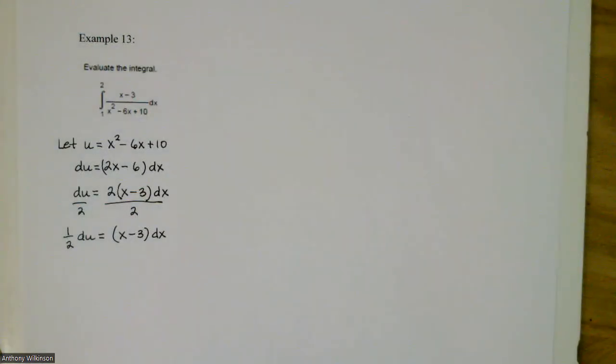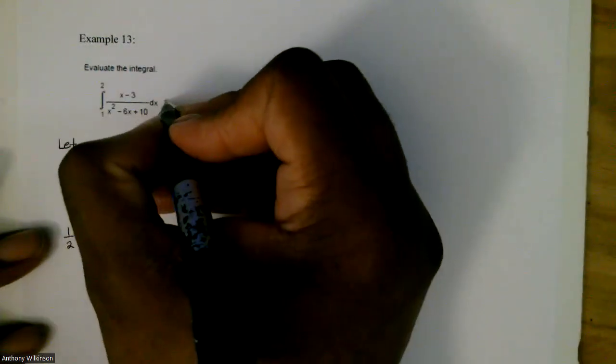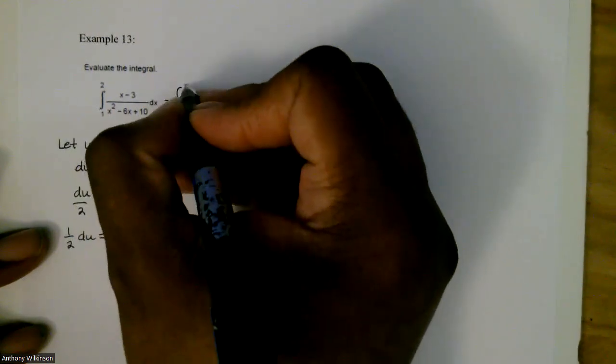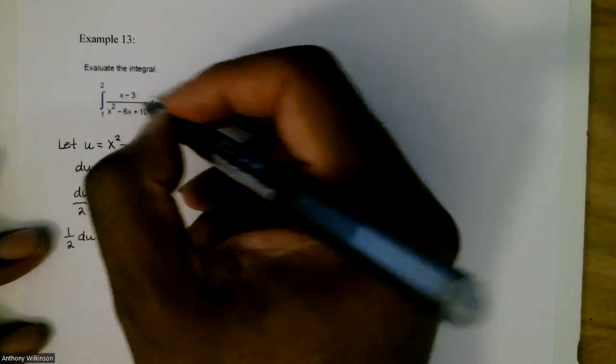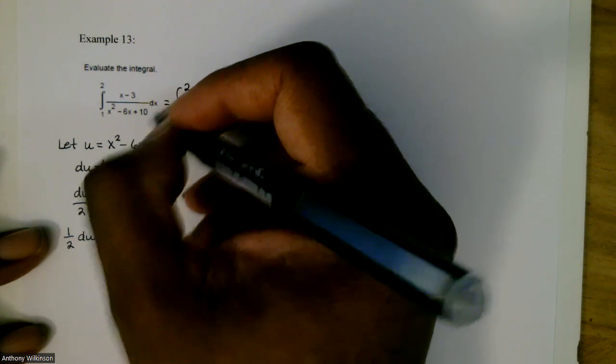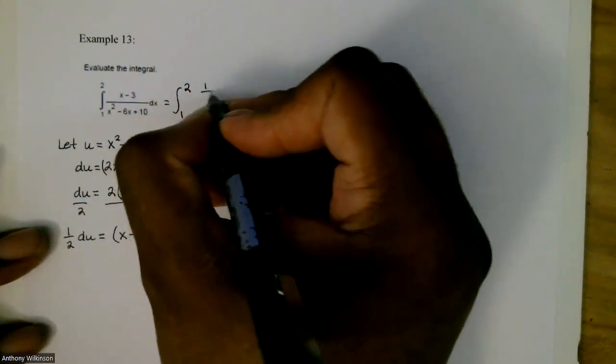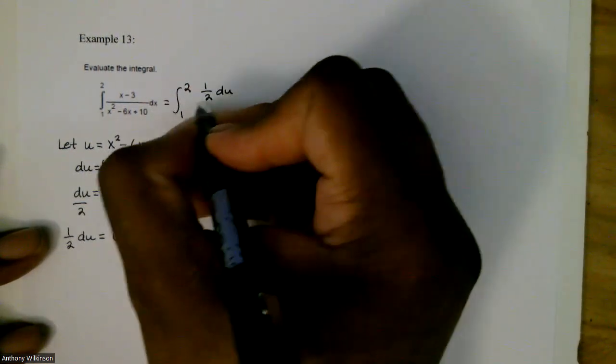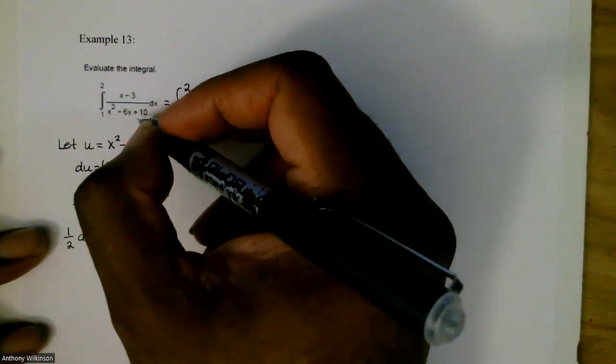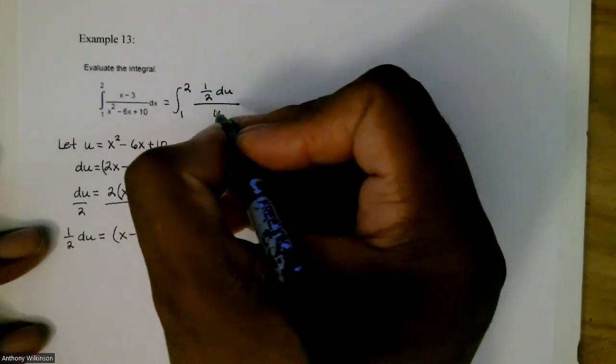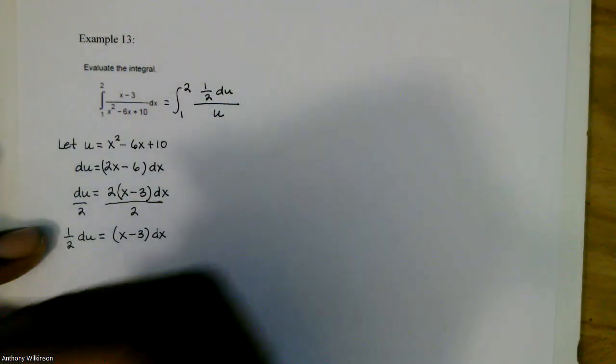I'm not going to change these x limits to u limits. I'm just going to do the direct substitution. So here, this will be the integral from 1 to 2 of x minus 3 dx is 1/2 du. So I'm substituting that. That'd be divided by x squared minus 6x plus 10. That's what u is. So the u goes in the denominator.